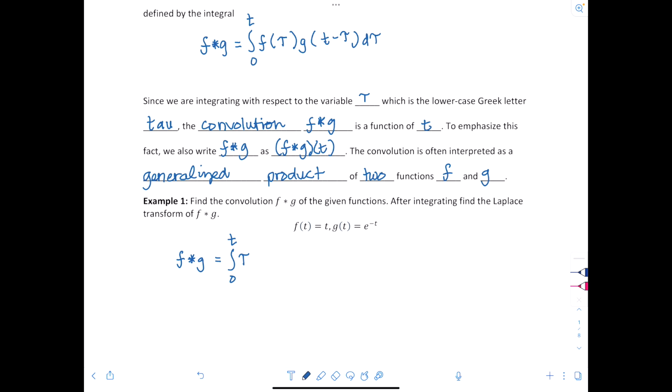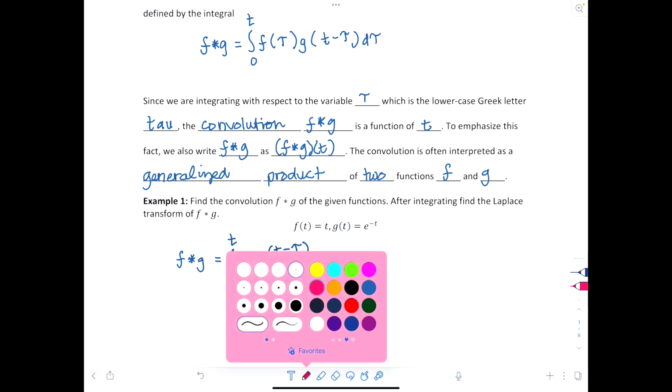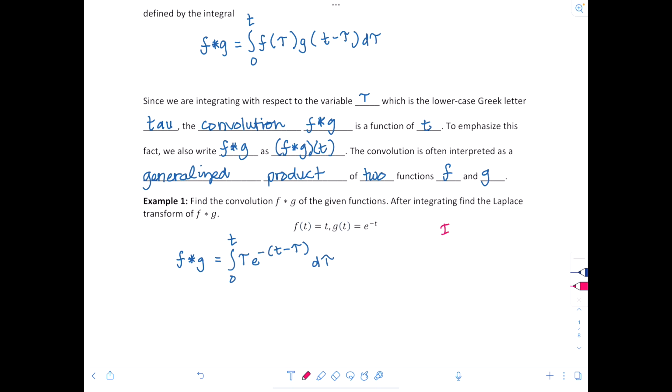So we have g at t is e to the negative t, so g at t minus tau is going to be e to the negative quantity t minus tau. And it's with respect to d tau. Cool so far? All right, so this one we're going to need to do a quick integration by parts.